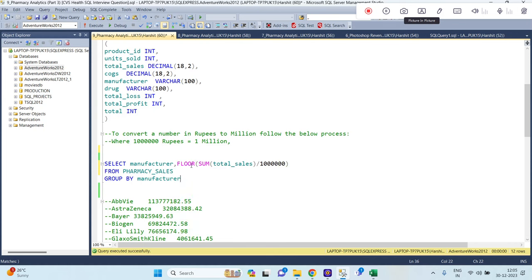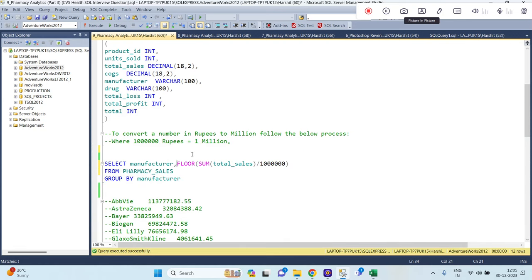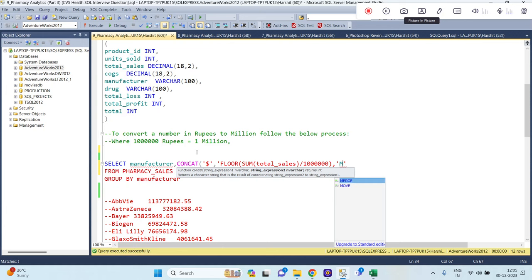Now what we can do? Now simple thing, right? We have to do concat, dollar, and then again million we can write, or m we can write, whether it is working or not.